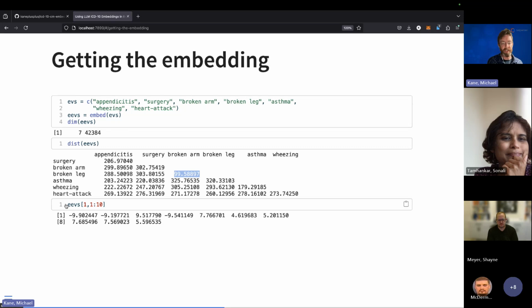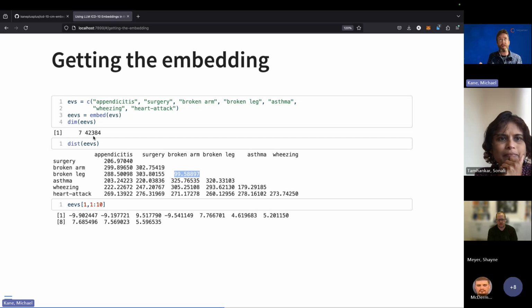So what do the values actually look like? If I look at the first row, which corresponds to, again, appendicitis, these are the actual values. I'm only going to show the first 10 values, but this is a vector with 42,384 elements. So we've already accomplished a little bit, right?